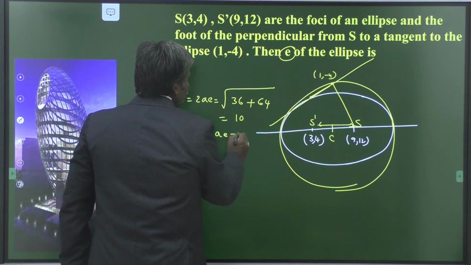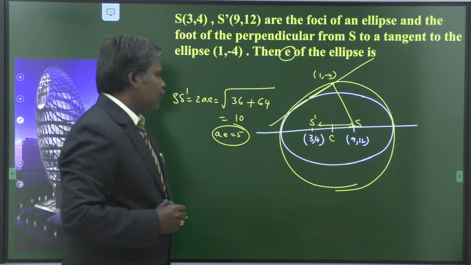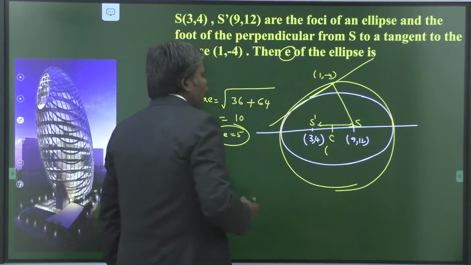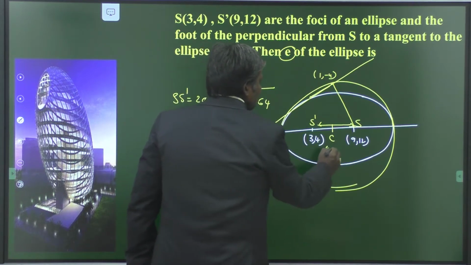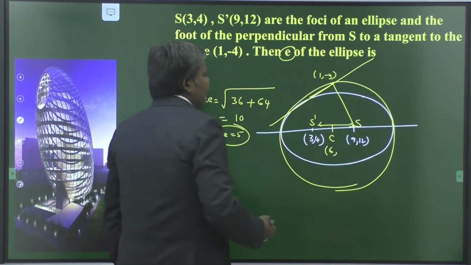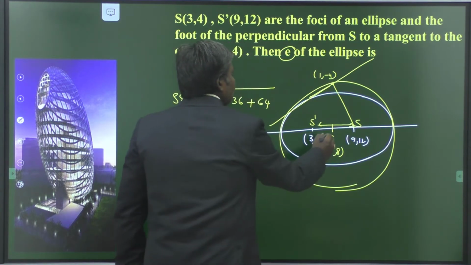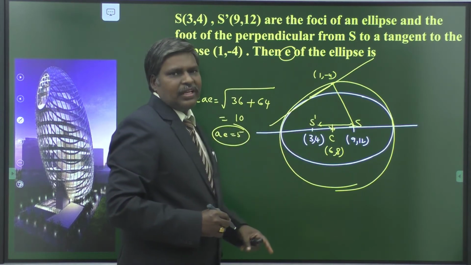So we have ae equal to 5 units. This is ae. And we can easily find the midpoint of the two foci. That is (3 plus 9) by 2, that is 6, and (4 plus 12) by 2, that is 8.